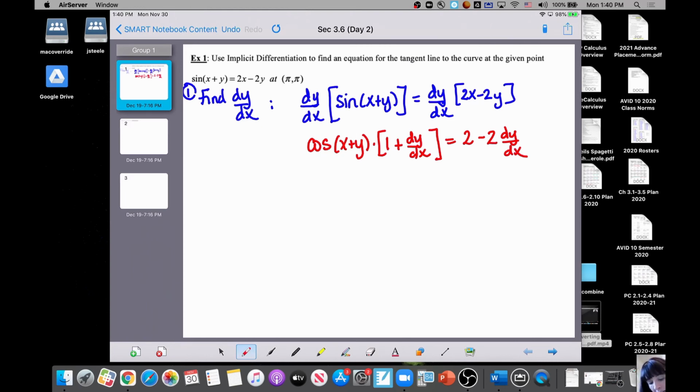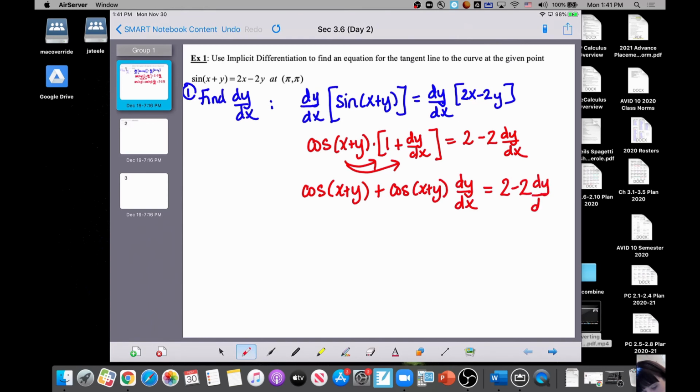All right, my next step, on the left-hand side, would be to distribute the cosine(x plus y) to the 1 and to the dy/dx. So I get cosine(x plus y) plus cosine(x plus y) times dy/dx. And over here, I still have 2 minus 2 times dy/dx.